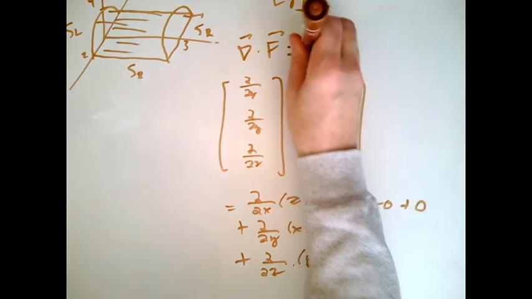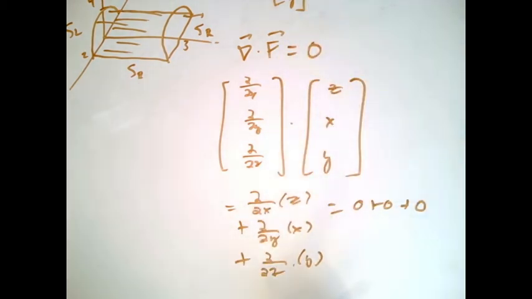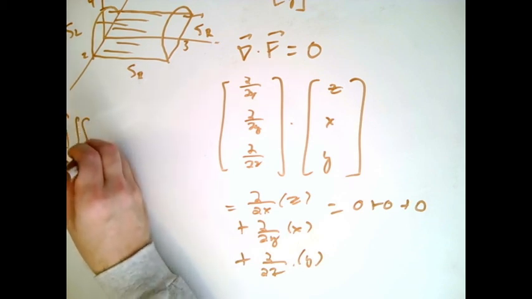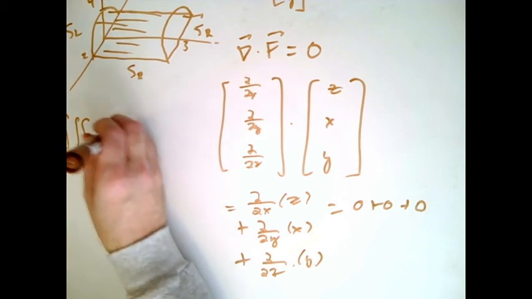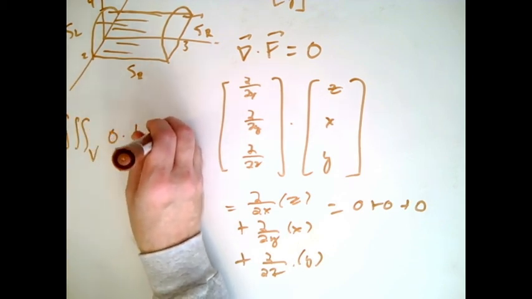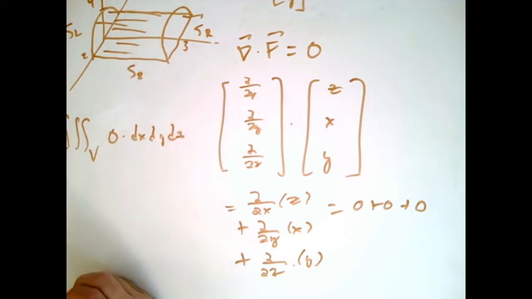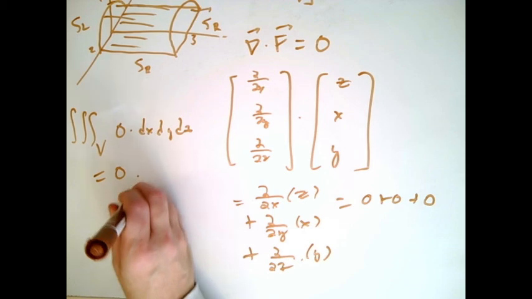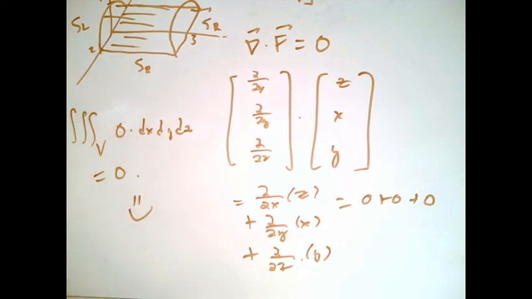So the divergence here is 0, which by the way means at every point there is no divergence. Nothing's coming out of any box or any sphere I put around any of those points. But meanwhile, the triple integral is going to wind up being the triple integral of 0 over the volume. Now I suppose we could take the time and write out the limits of integration, but the integral should just be 0. And I like doing it that way a whole lot better.